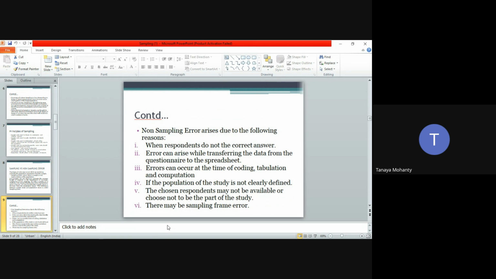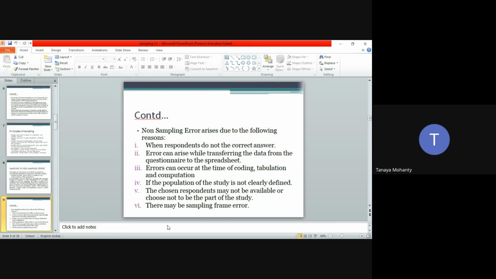I don't have any database for that. So I really don't have any idea. In such a case, I might commit a non-sampling error, because since my universe has not been properly defined, I'm not in a position to clearly identify and define my sample size. So I can commit a non-sampling error in that case.